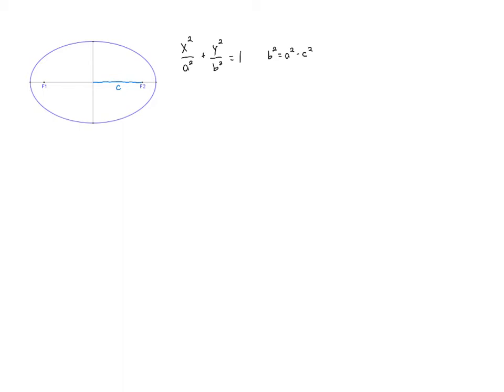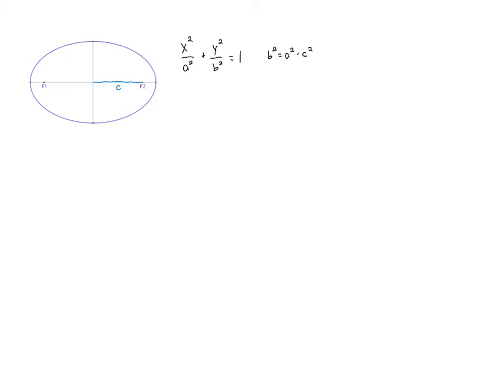Now, we also said that there was a property of ellipses, and this property was that if we start at one of the foci and we move in a straight line to a point on the ellipse, and then another straight line to the other focus, that total distance would be 2a. And what I want to do in particular here is look at the point that's at the top of the ellipse.